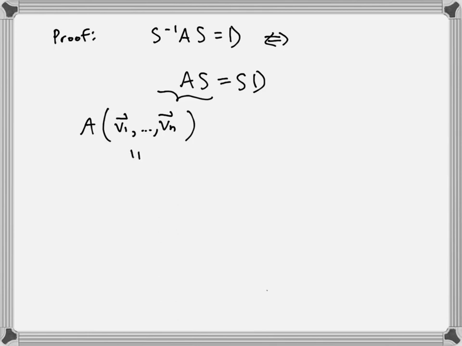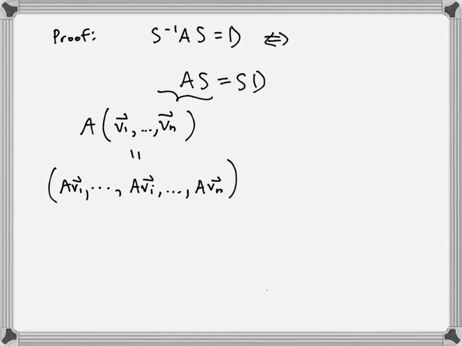And this is equal to the matrix. Let me write it this way. I don't like the way I wrote this because I should put a beginning and an end to this. So these are columns, right?